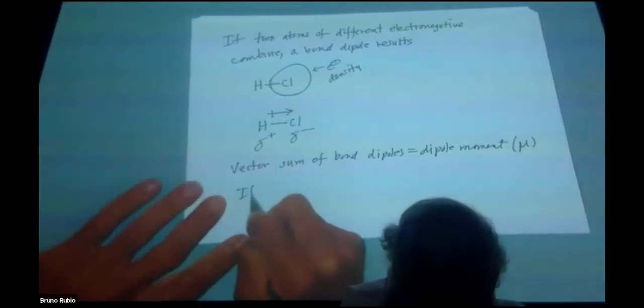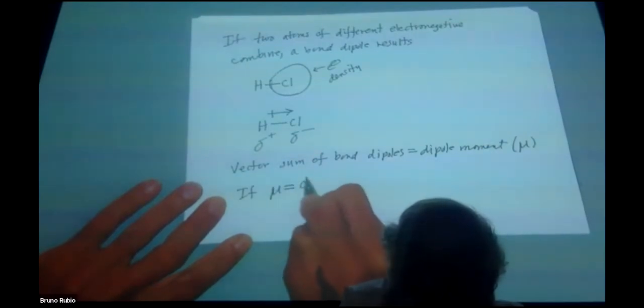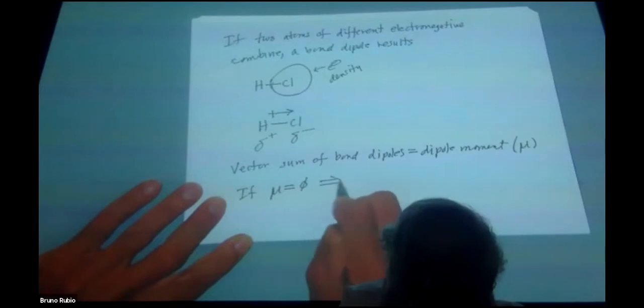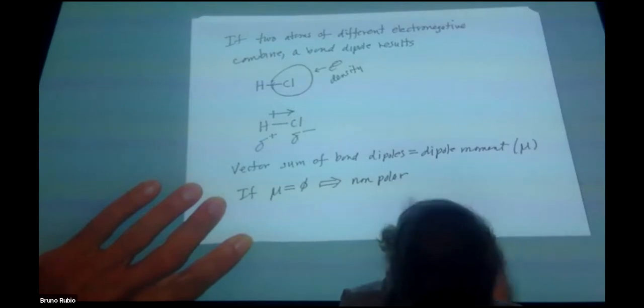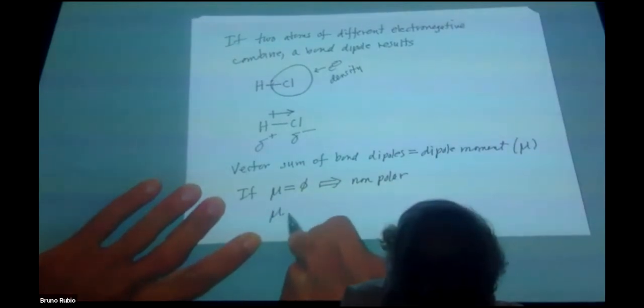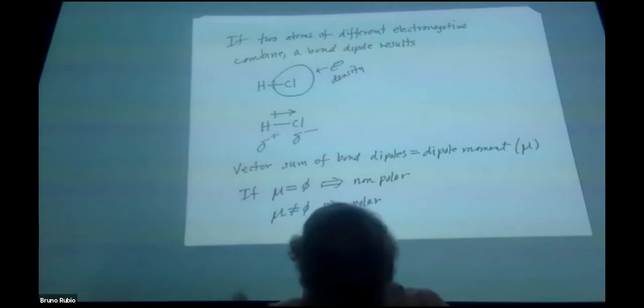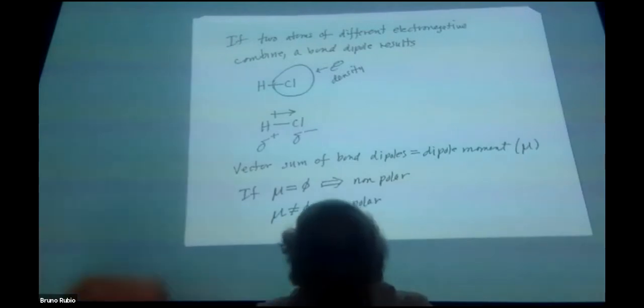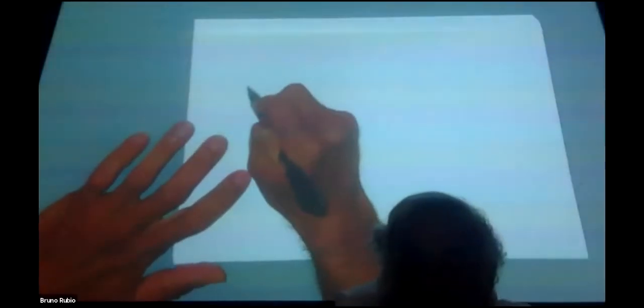If the dipole moment is equal to 0, that is a non-polar substance. And if the dipole moment is not equal to 0, that is a polar substance. So do you folks remember how to add vectors? Let's go through that. Okay, so now let's look at some inorganic molecules.